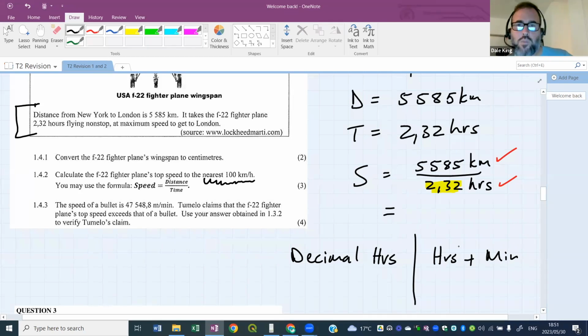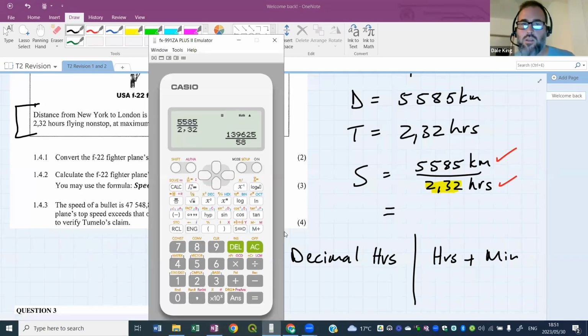The speed equals distance over time formula only takes decimal hours. Thank goodness the question gave us time in decimal hours. Don't try and put in hours and minutes. So if I wanted to work out this time, 2,32, in hours and minutes, I could take the 0,32 of an hour.